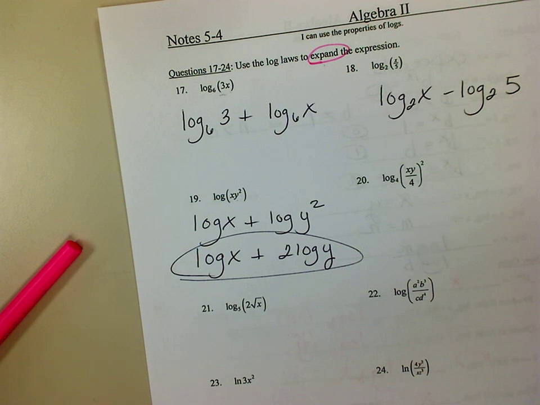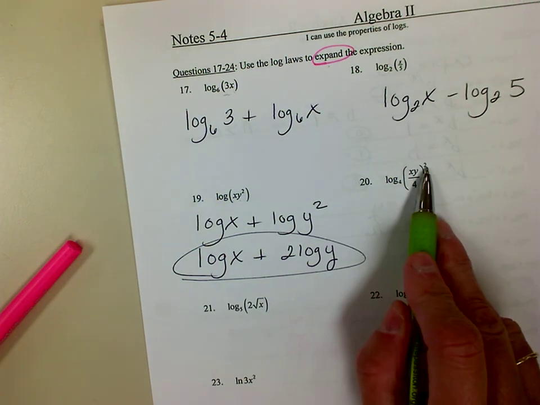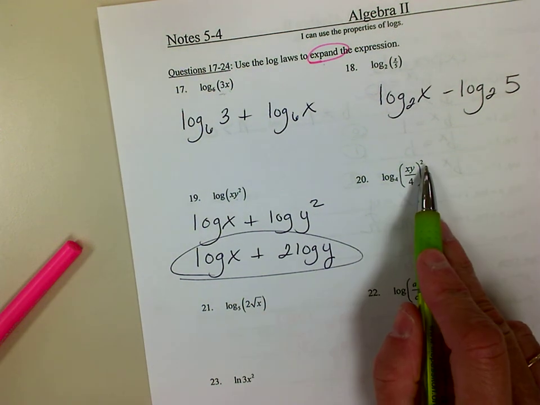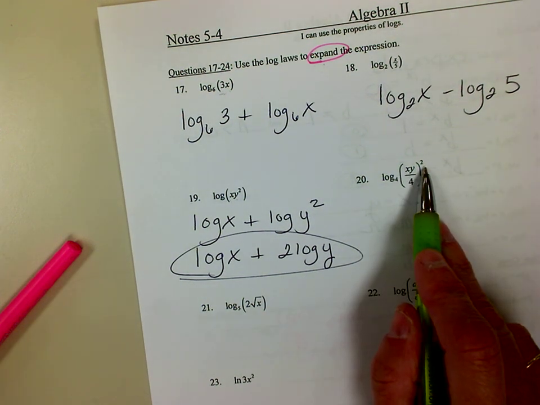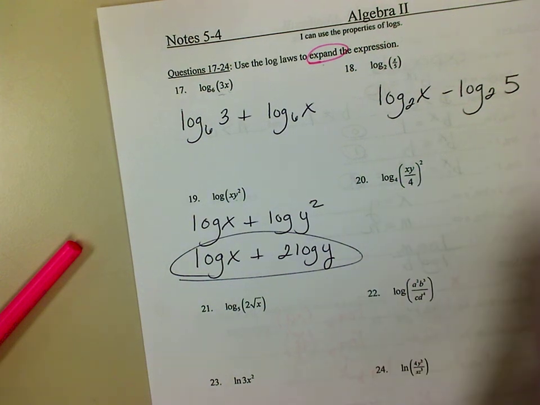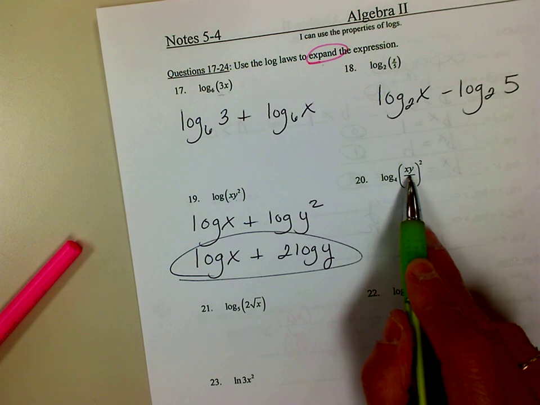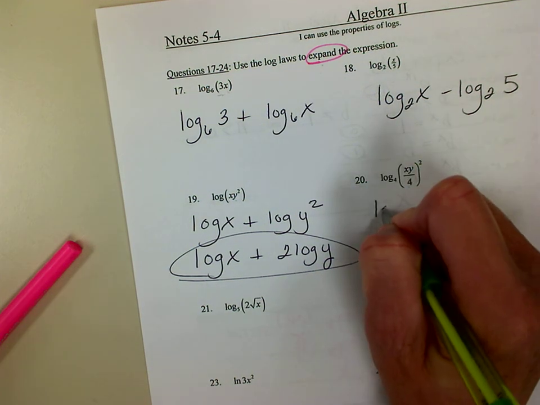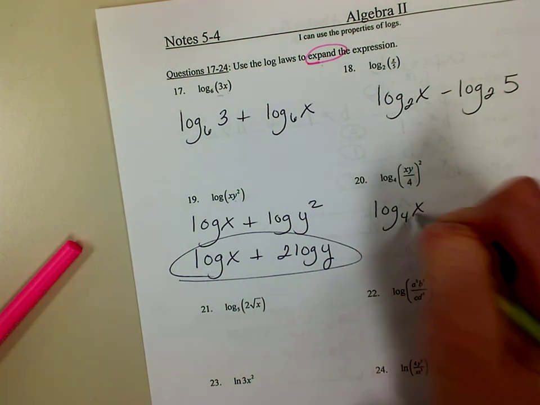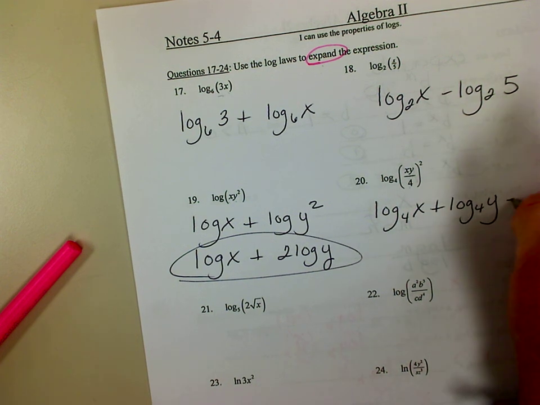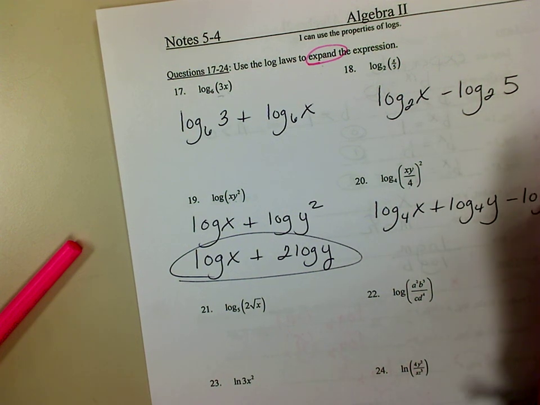All right, so number 20, it looks like this 2 affects all three of these arguments. So I have to do something with that last. So we'll worry about that in a little bit. So it looks like these two are being multiplied, but then we're dividing by 4. So I'm going to expand this as log base 4 x plus log base 4 y minus log base 4.